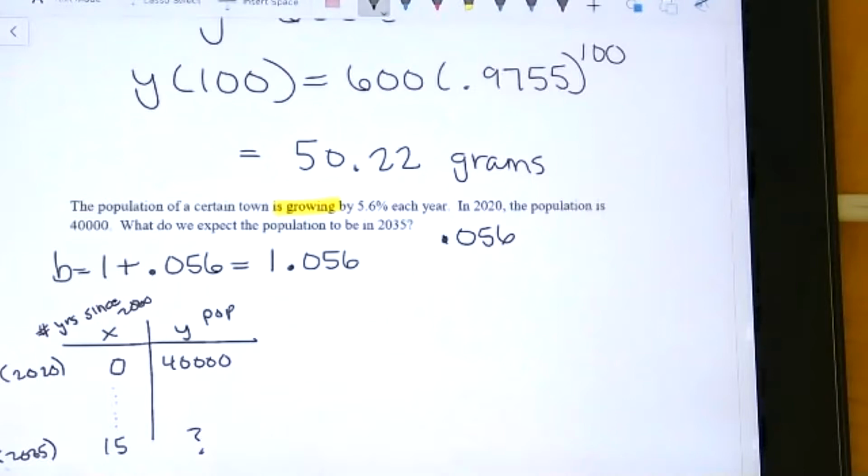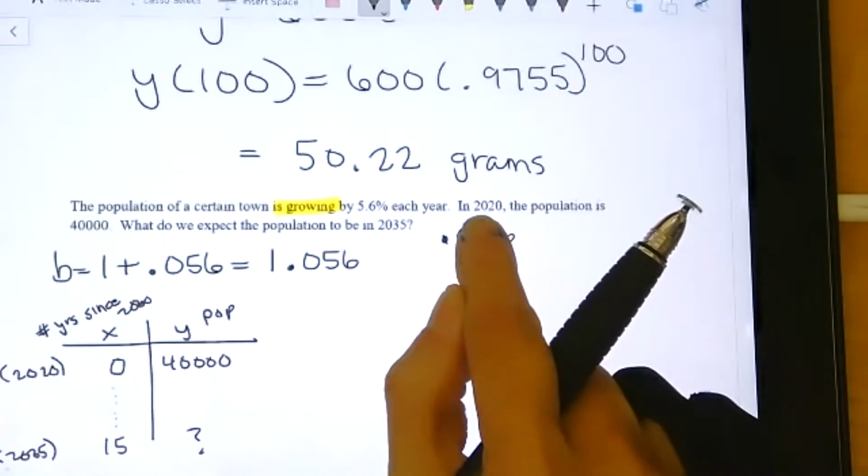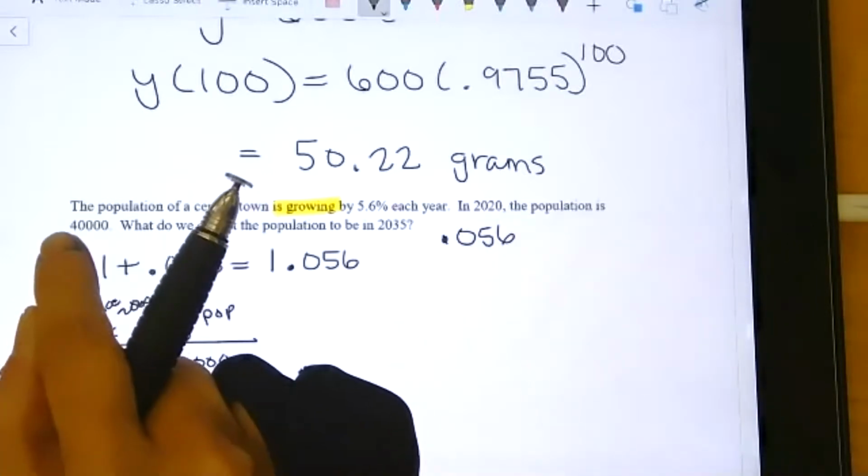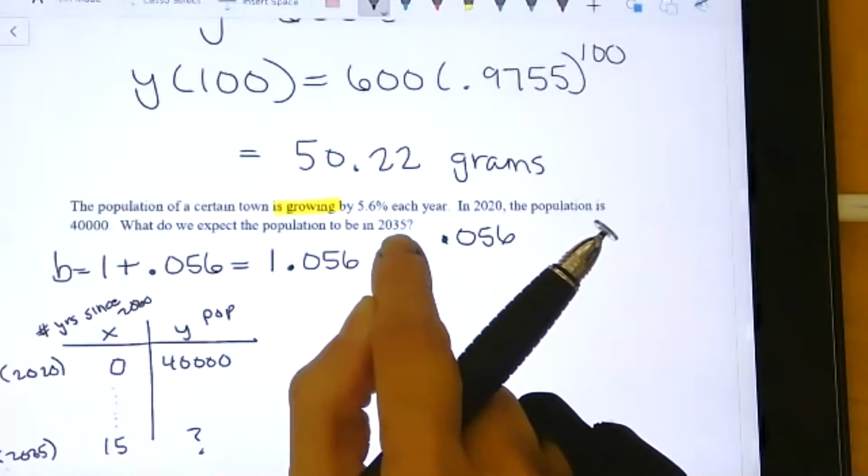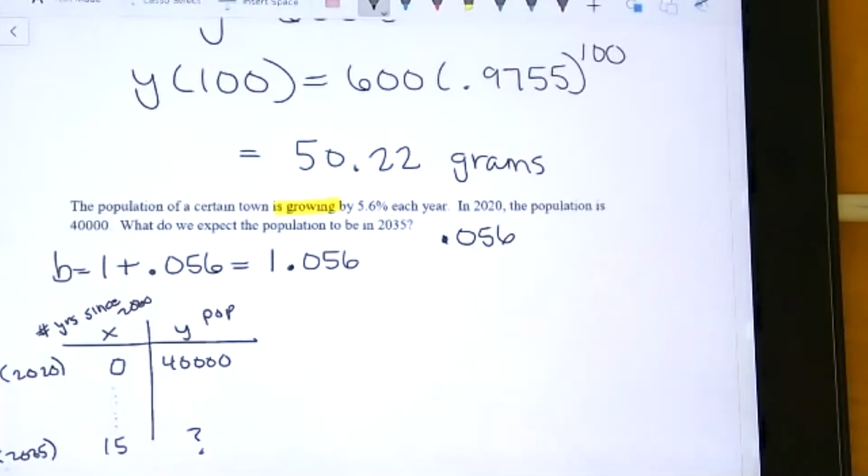So they just asked it differently. Instead of saying, hey, today the population is 40,000, what's going to be the population in 15 years from now? It's the same thing as saying in 2020, this is the population, and what's the population going to be in 2035? So you've got to figure out, oh, well, they're just talking about in 15 years.